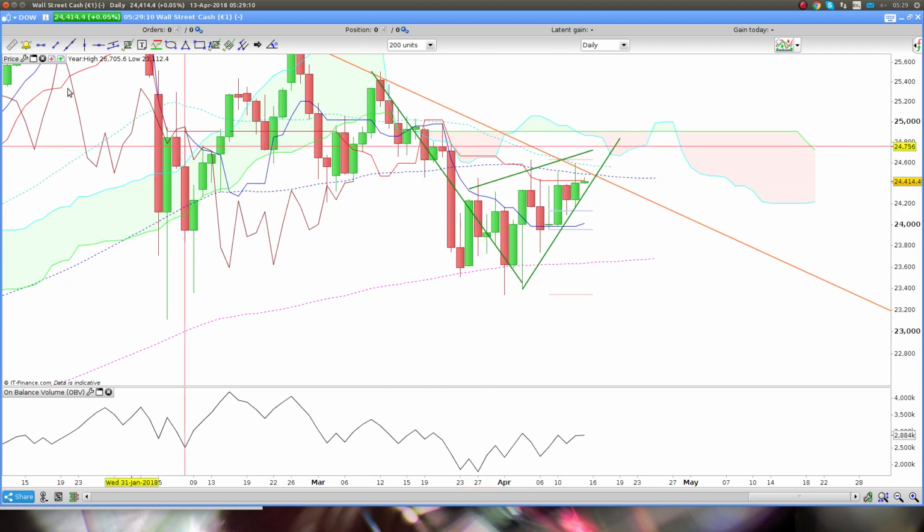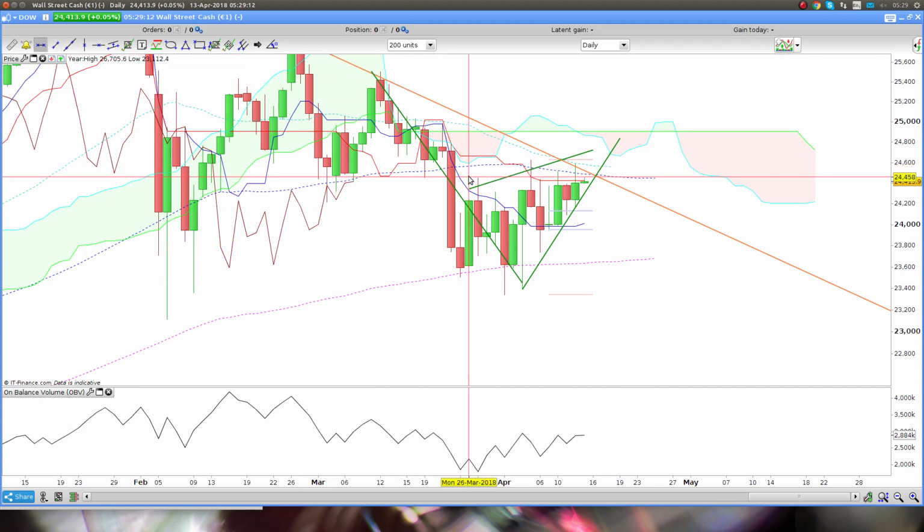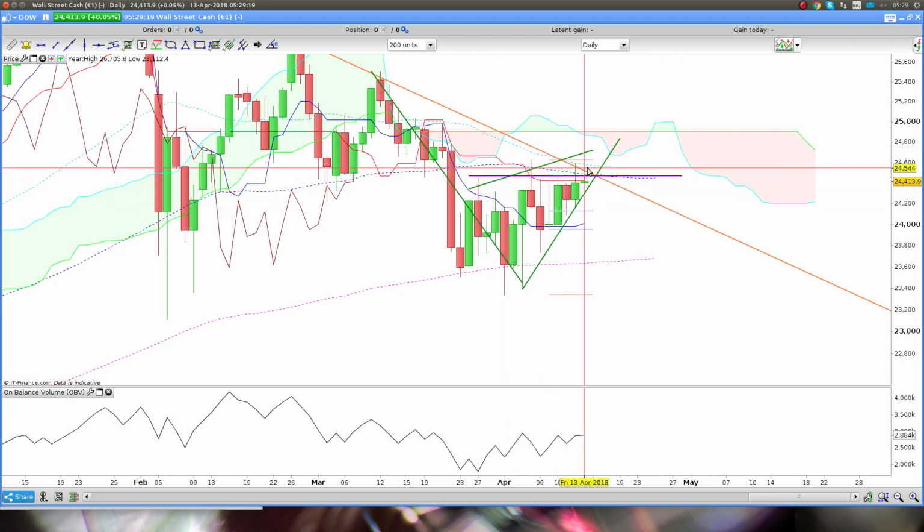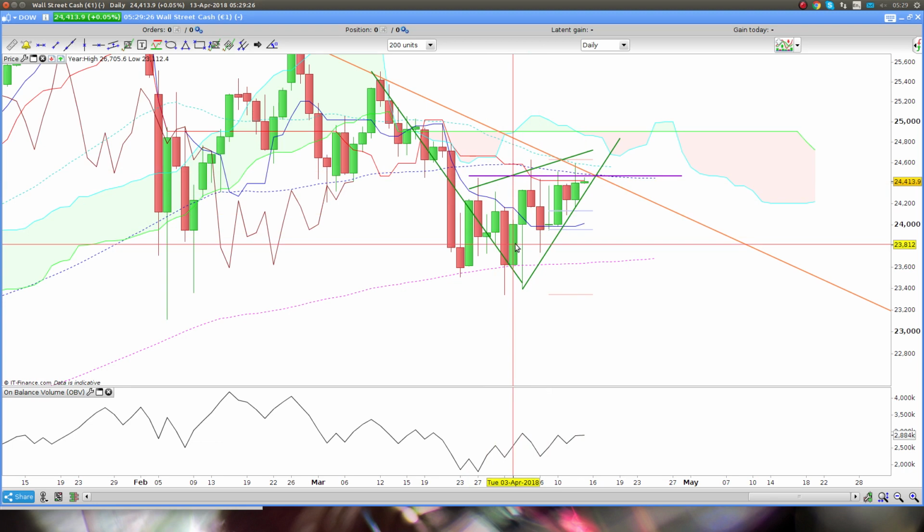And there is another view here on the daily. If I look at the tops of these candles, this could be a flat top triangle, and flat top triangles are bullish.